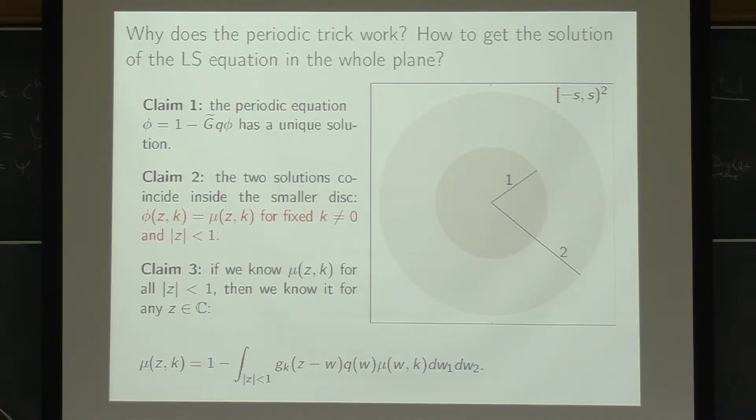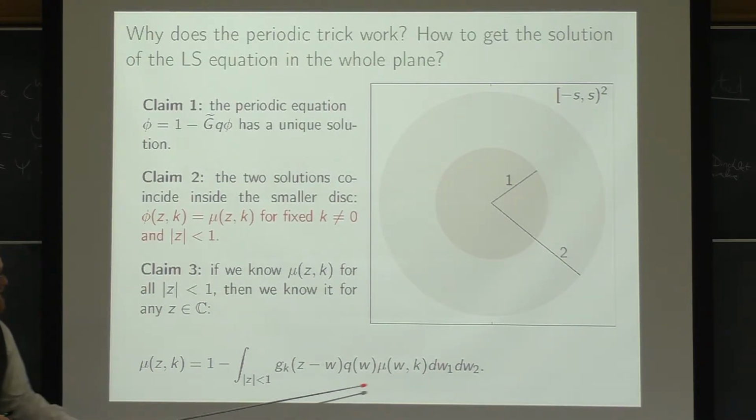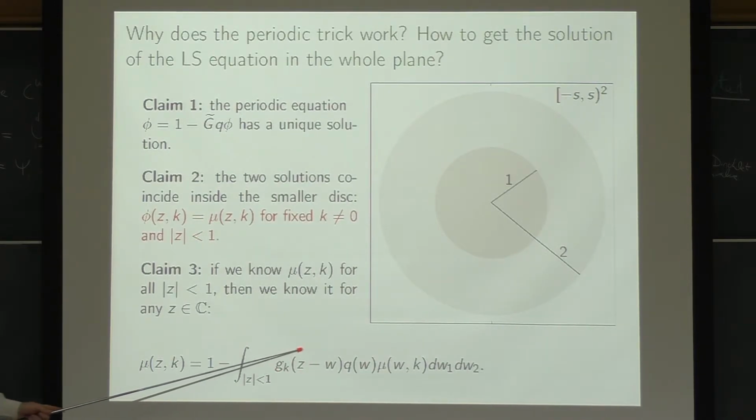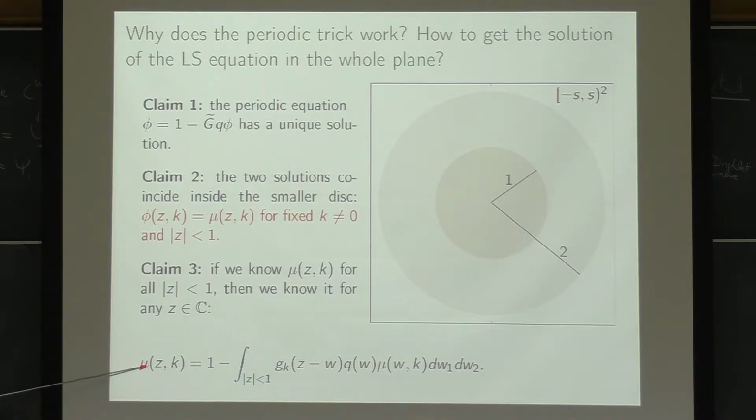And we can see this by looking at functions like this that have the periodic solution inside, and then we use the full space Green's function to define such a function in all of the plane.